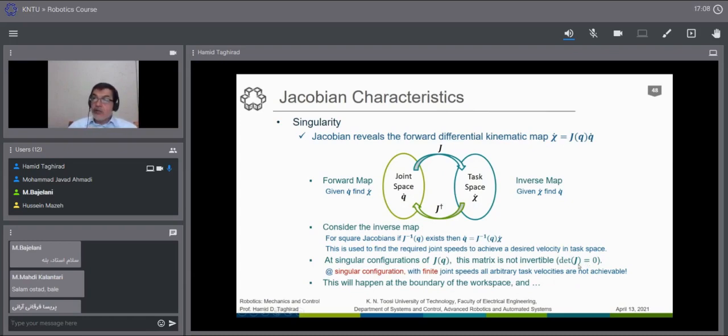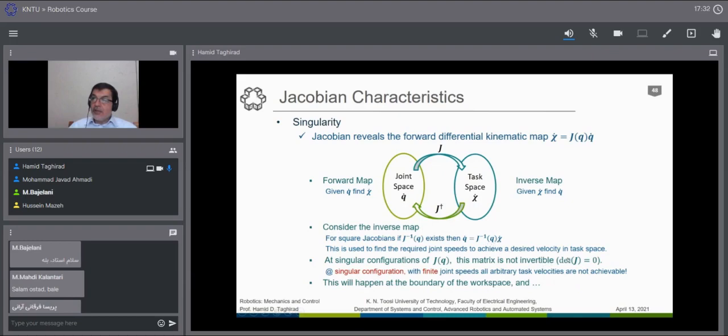If the determinant is equal to 0, then this inverse does not exist. We call that a singular configuration or a singular point, a singular pose, or a singular state of the system.